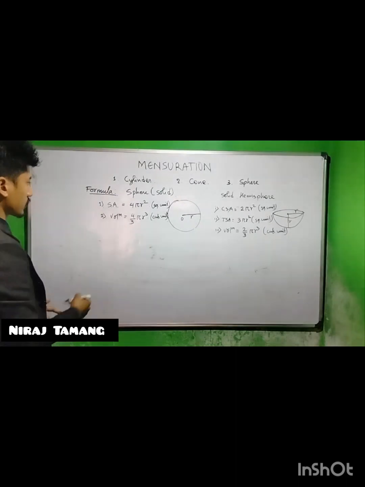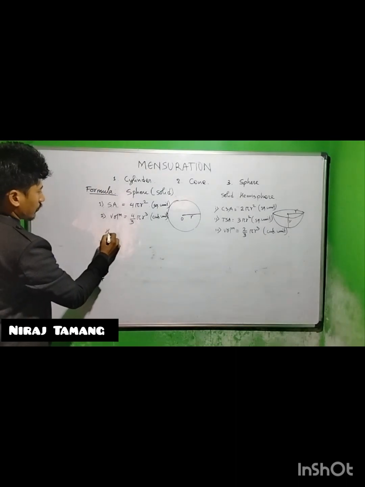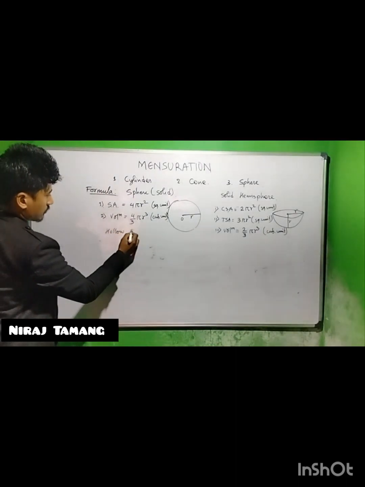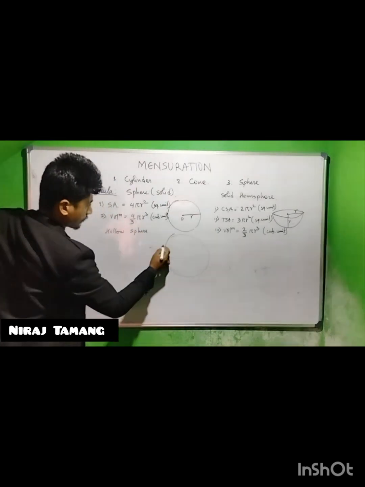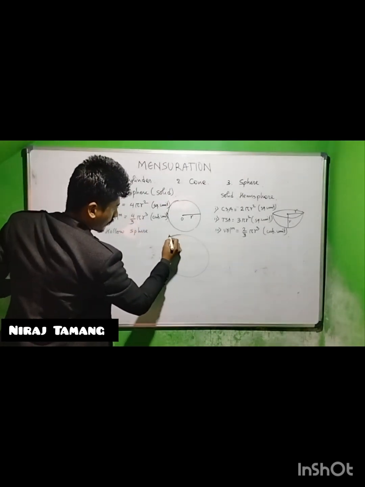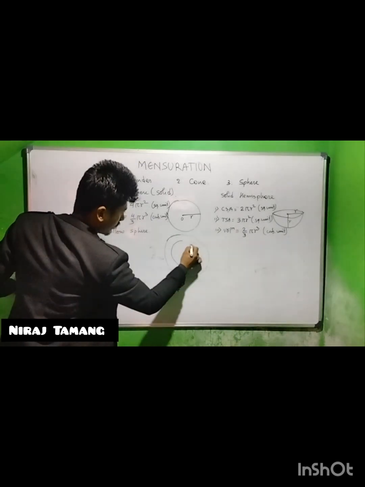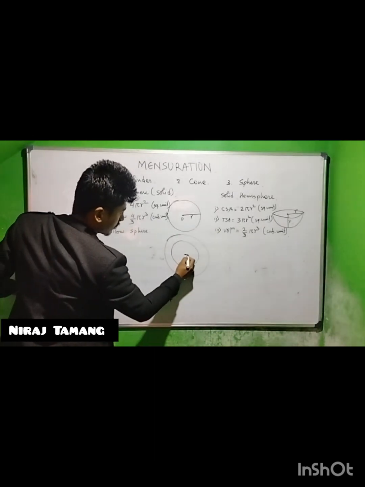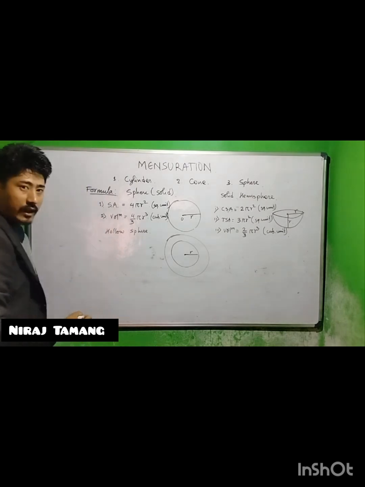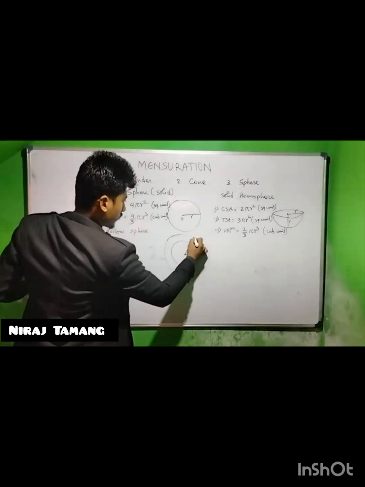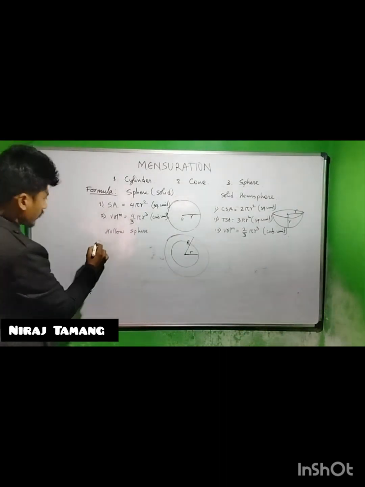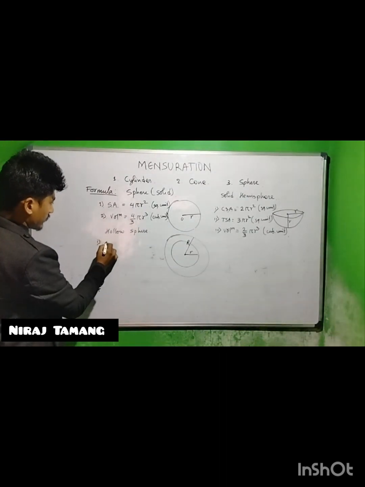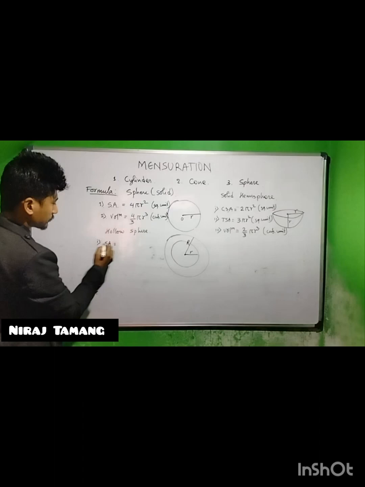Alright, now let's go for the hollow sphere. So let us draw a diagram and let us draw the inner sphere and take the radius of the inner sphere as small r and the radius of the outer sphere as capital R. Alright, so number 1, its surface area.